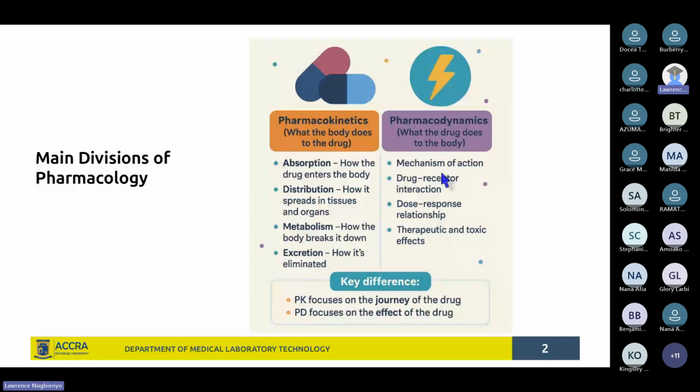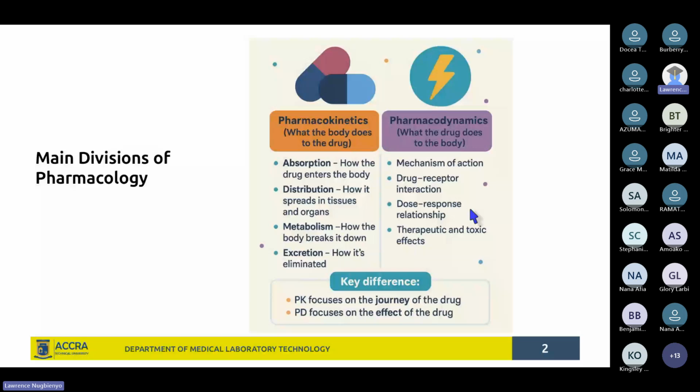Similarly, we have drug receptor interactions where the drug will be the ligand and the receptor will be a biomolecule which is embedded in the cell membrane. Well, some drugs can also penetrate through the cell membrane into the cell to now interact with receptors inside the cell.